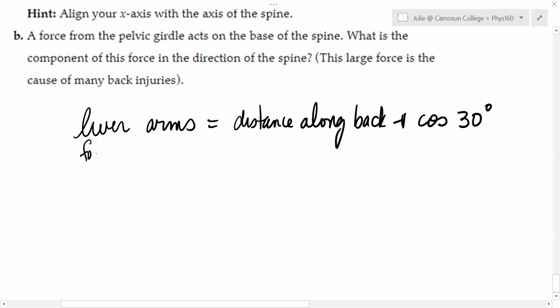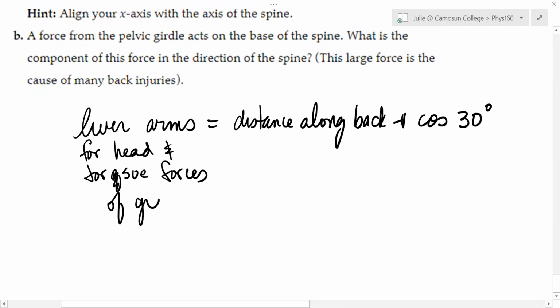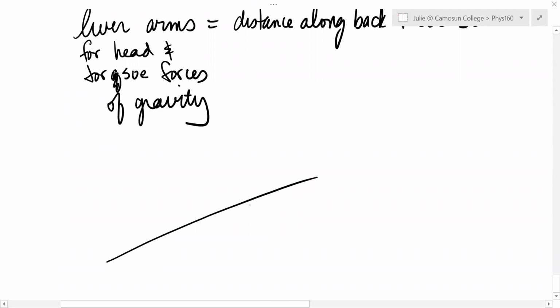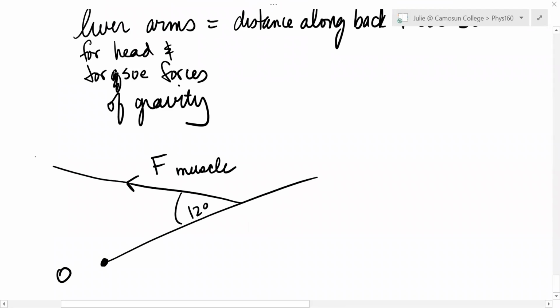So this lever arm is for head and torso forces of gravity. But the lever arm for that erector spinae muscle, so there's the force from the muscle. This is 12 degrees. There's the axis of rotation O. And so we have to go hit this perpendicular.